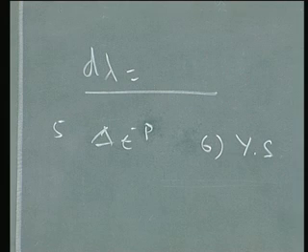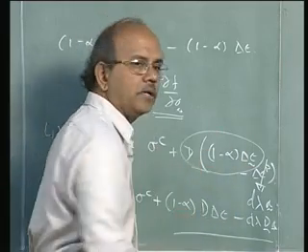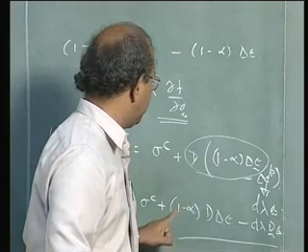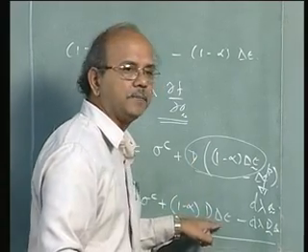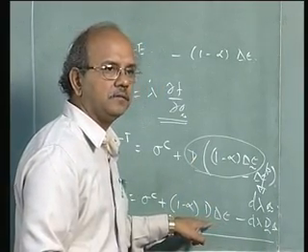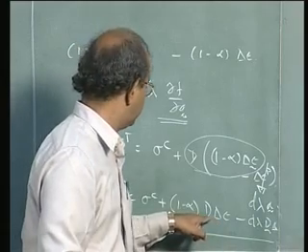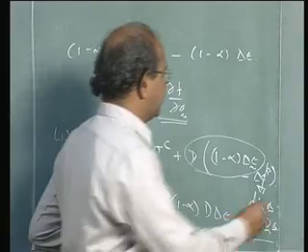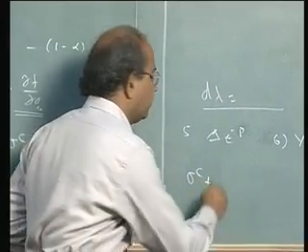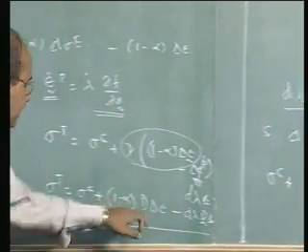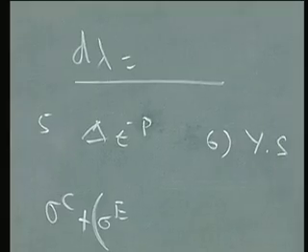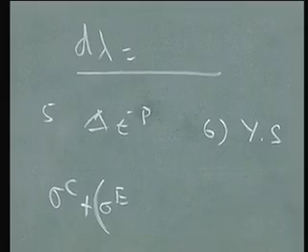In fact, if you want me to write it explicitly, look at this term, what this term indicates. This is d into delta epsilon. What is that term? Sigma e. If you want me to write that, I'll write it again: plus the first term here is delta E. What is the second term? Minus alpha into d delta epsilon.